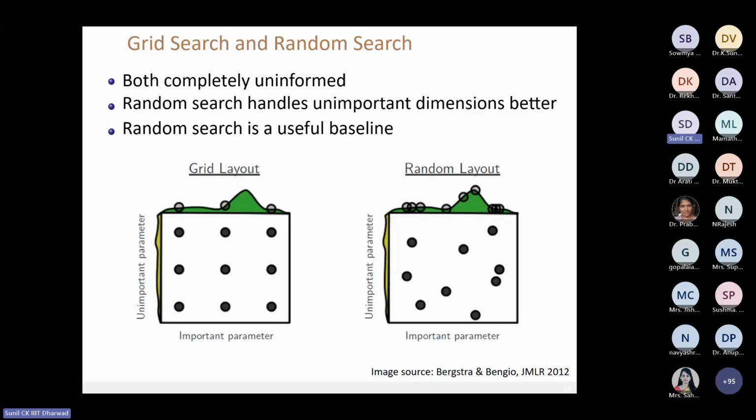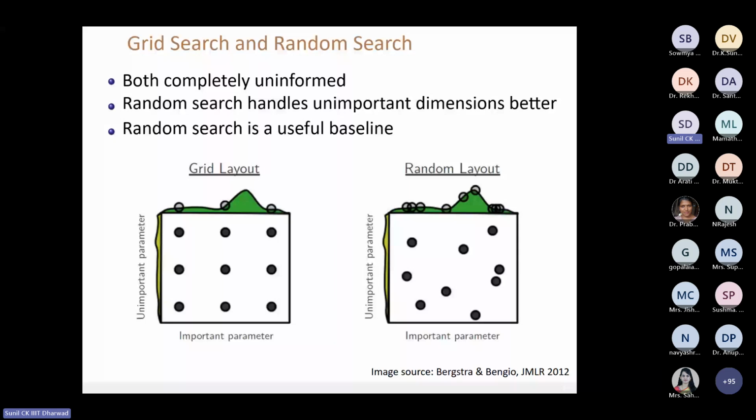Okay, and the grid search evaluates the Cartesian product of whatever hyperparameter sets you specify, and there it suffers from the curse of dimensionality. Why? Because the required number of function evaluations grows exponentially with the dimensionality of the configuration space.